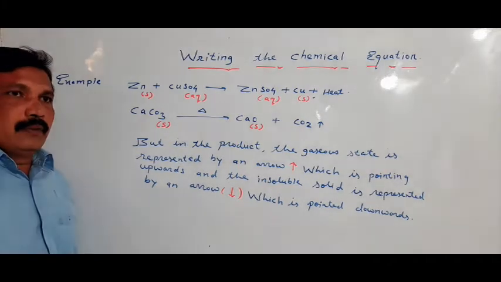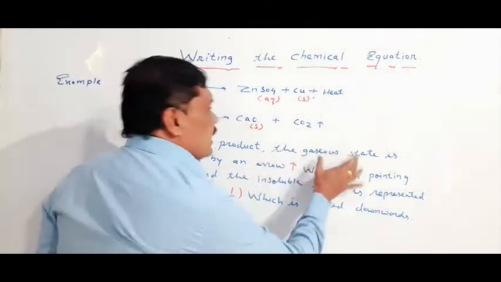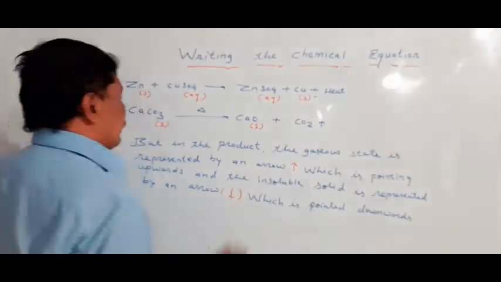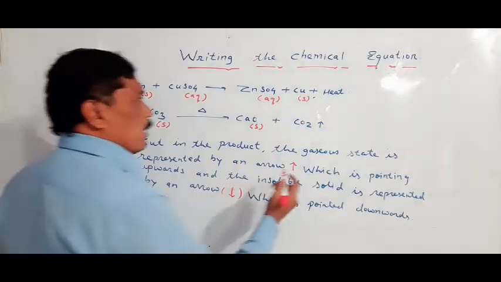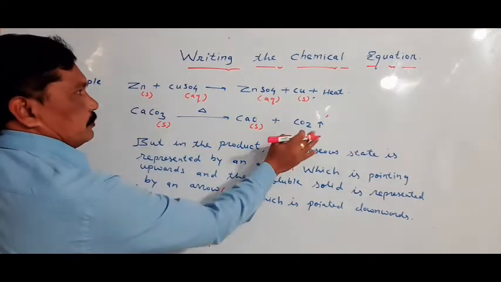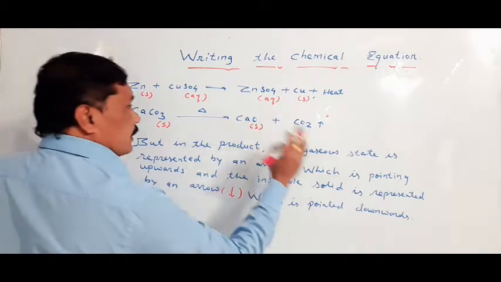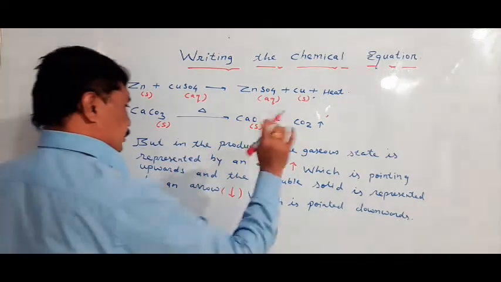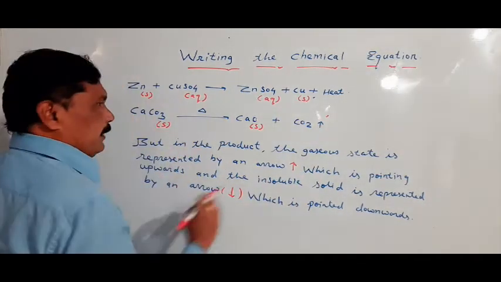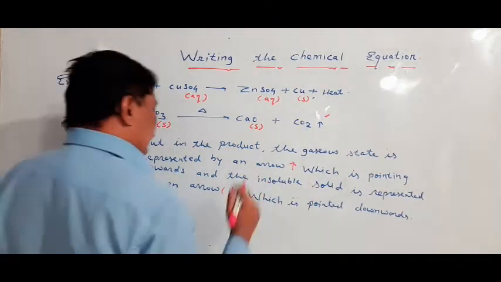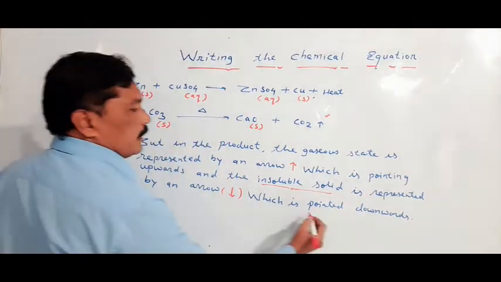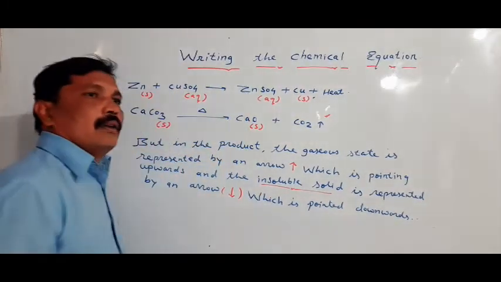My dear student, when we write the gaseous state towards the side of the product, then it is represented by an arrow which is pointing upward, and insoluble solid is represented by an arrow which is pointed downwards.